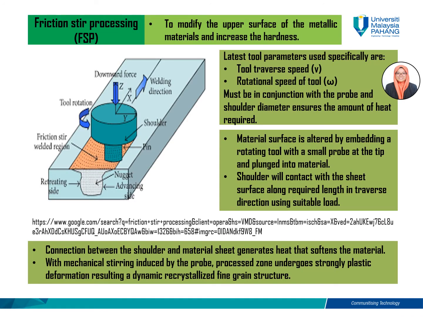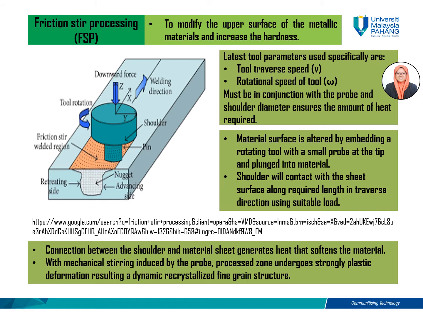The principle of FSP is the alteration of the material surface by embedding a cylindrical rotating tool with a small probe at the tip of the tool. Then, the tool is plunged into the material so that there is contact between the shoulder of the rotating tool and the material's sheet surface along the required length in the transverse direction by applying a suitable load.